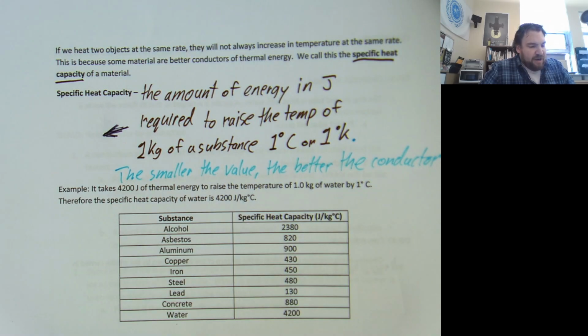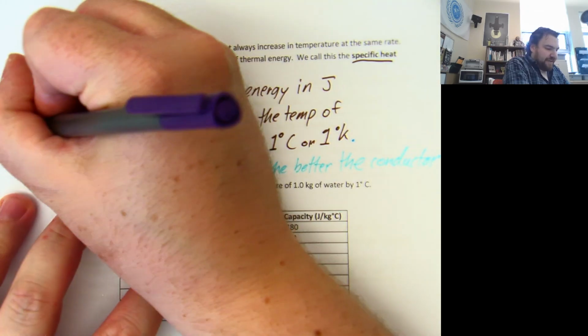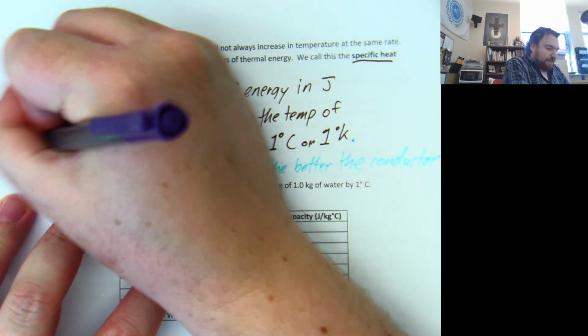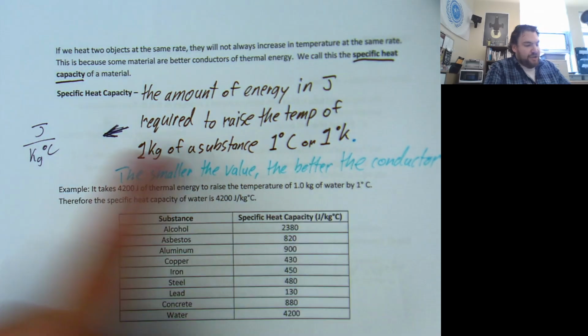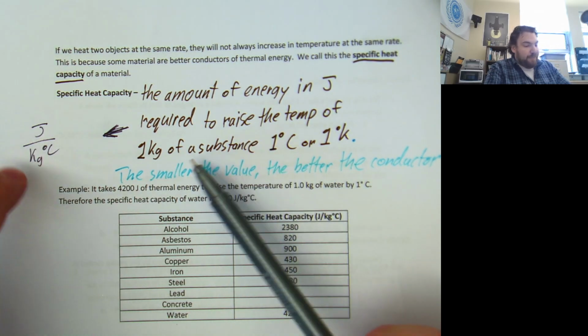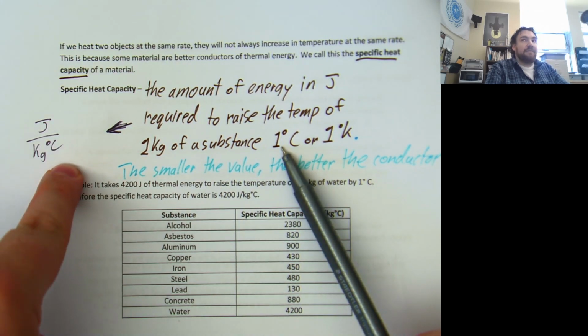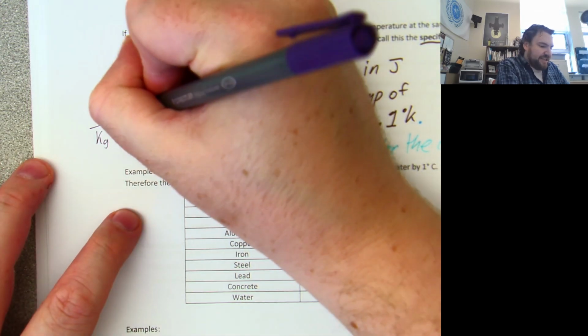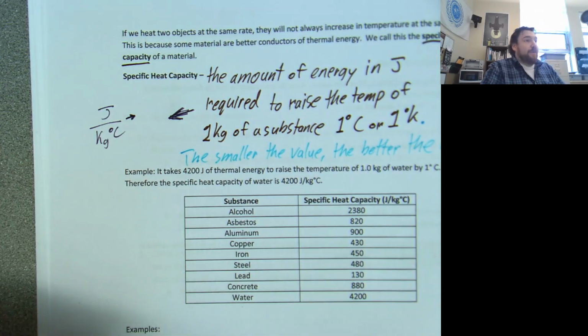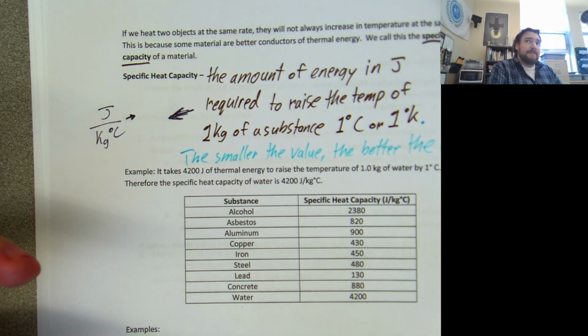Specific heat capacity is the amount of energy in joules required to raise the temperature of 1 kilogram of a substance 1 degree Celsius. So a way to look at this is it's the joules of energy per kilogram per degree Celsius. We can take these units and reverse engineer what the formula is going to be to calculate this.